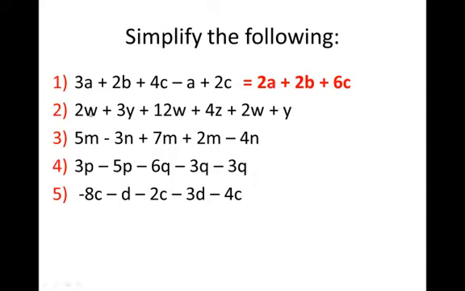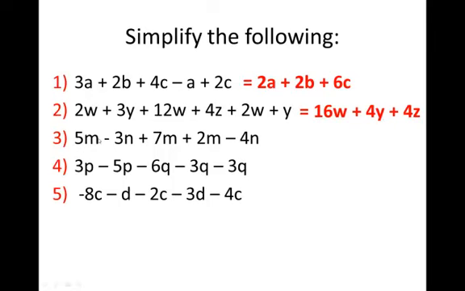The second one, we have three W families, so plus 2 plus 12 is 14W, plus another 2 is going to be 16W. The Y family, we have 3Y plus 1Y gives us 4Y, and there's only one Z family, so we'll end up with 16W plus 4Y plus 4Z.